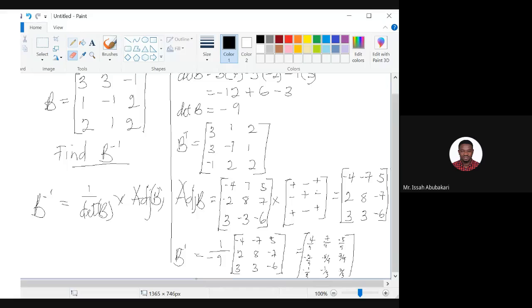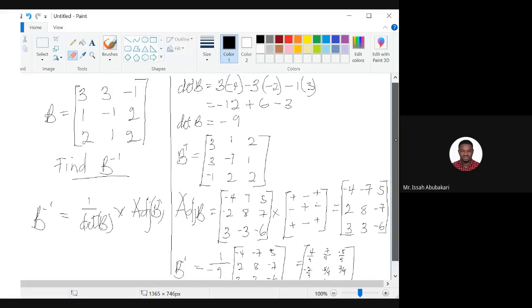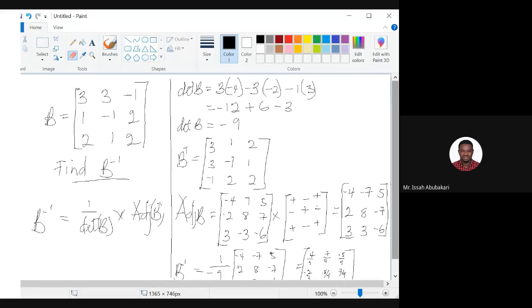Now, if you have any question about the inverse, ask right now before we move on to the next subtopic. So this is how you have to solve an inverse. When the matrix is 3 by 3, the first thing you need to do is write down the formula: 1 divided by the determinant of the matrix multiplied by the adjoint of the matrix. We calculate the determinant first, then the adjoint, then multiply together.